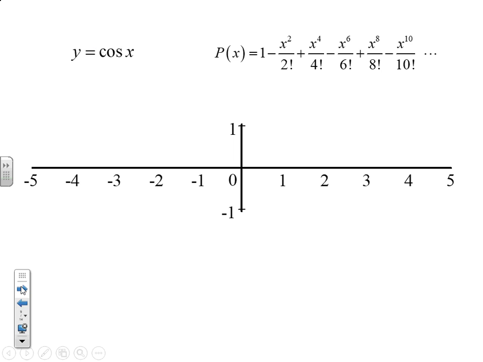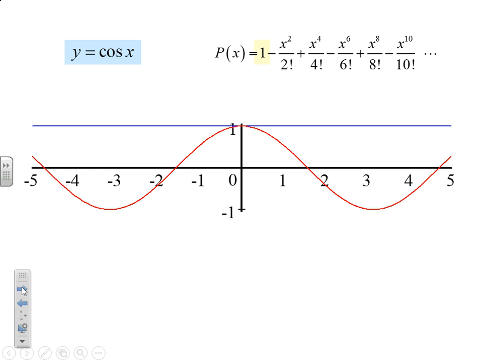Okay, so here is cosine of x. Here's 1. Lame. 1 minus x squared over 2. Next. Next. Next. Next. No way.